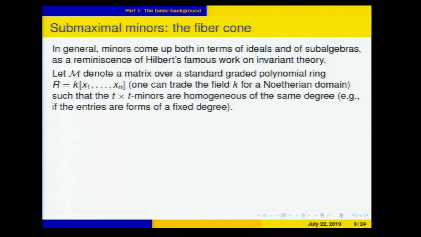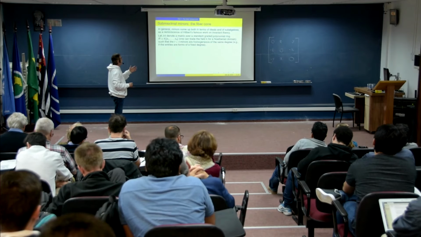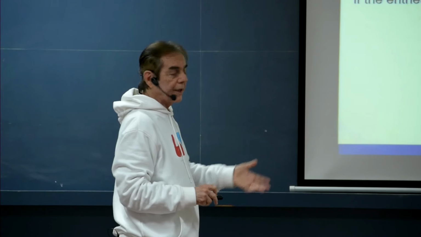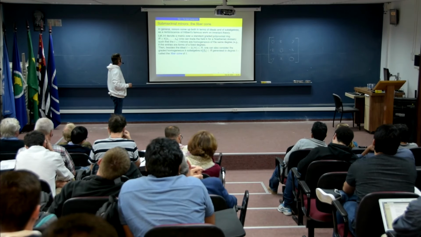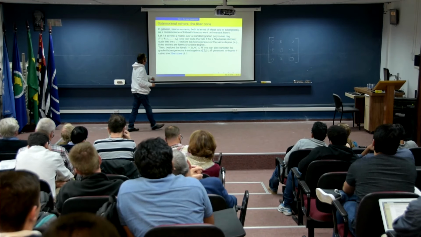So you can take any matrix over a standard graded polynomial ring. You can even trade the K for a Noetherian domain, if you like. And you assume that you have a matrix such that the matrix is homogeneous in the sense that all 2 by 2 minors are homogeneous. For example, when all entries are homogeneous of the same degree. Then you can consider this algebra.